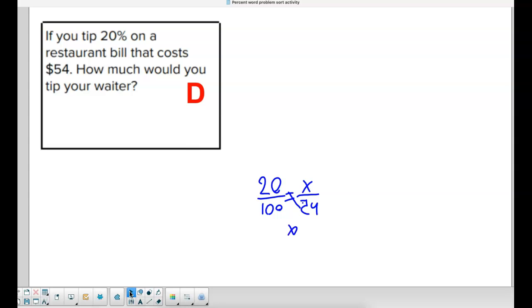And then x equals 10.8. Okay, and what does that mean? You're right. And he's putting a dollar sign. $10.80 is how much you should tip.